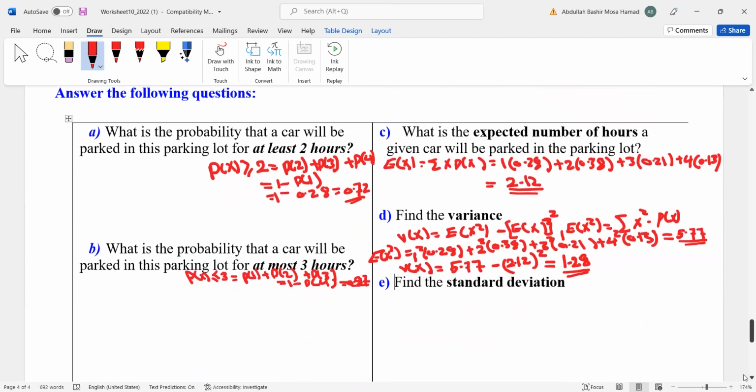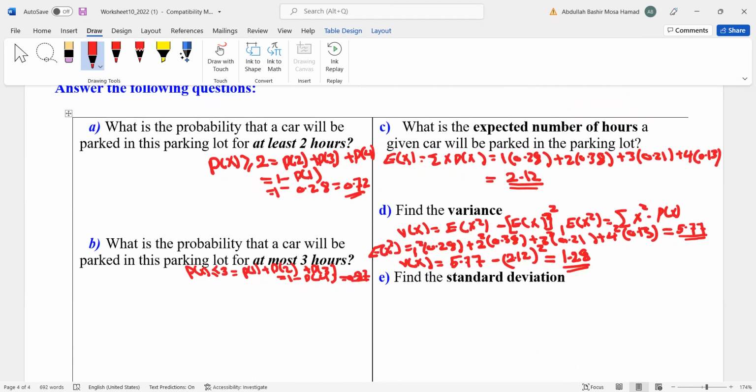For the standard deviation, we just need to find the square root of the variance. The variance is 1.28, so the square root of 1.28 is 1.13. This is the standard deviation.